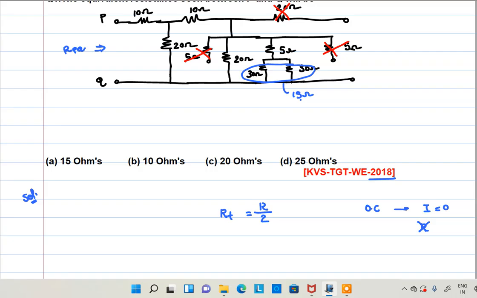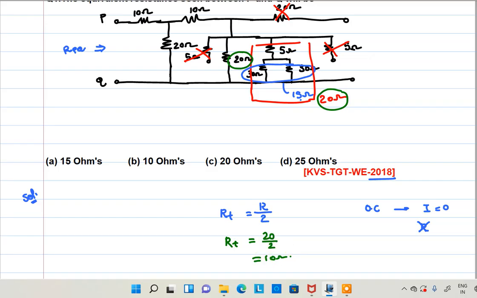So for this entire combination, we got 20. Clear? Now again this 20 and this 20 are in parallel, the same equivalent resistances, so it's 20 by 2, that is equal to 10 ohms, right?